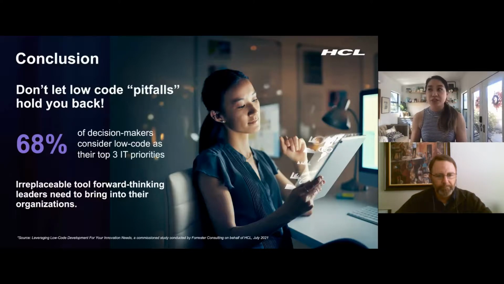And 68% of decision makers actually consider adopting low code as one of their top 3 IT priorities. So it very much is this irreplaceable tool that leaders are now implementing in their organization. And obviously, if you have any other concerns, the list could be more than 5 of these concerns, we are more than happy to talk through them with you and address some of that.